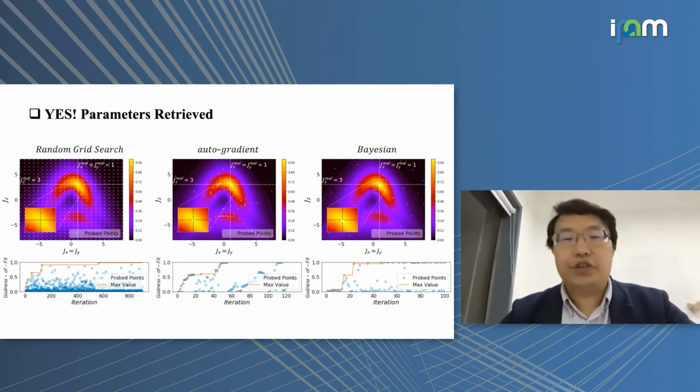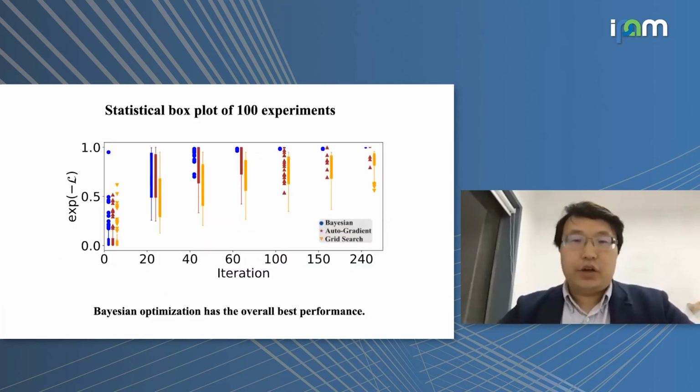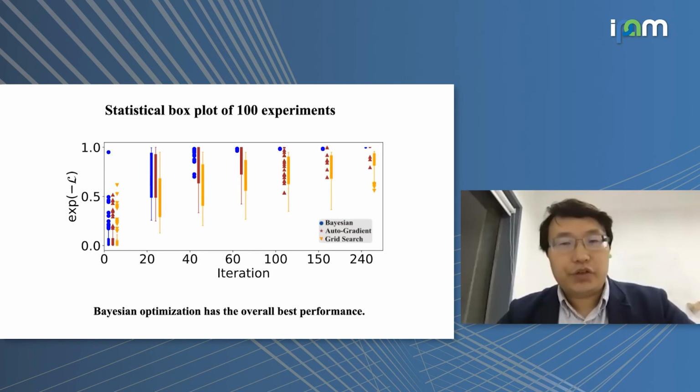So it's highly efficient. In this box plot, we deploy 100 independent workers, and the Bayesian optimization has the overall best performance. You can see here, after certain iterations, the 100 workers all reach the same destination, the optimal point.